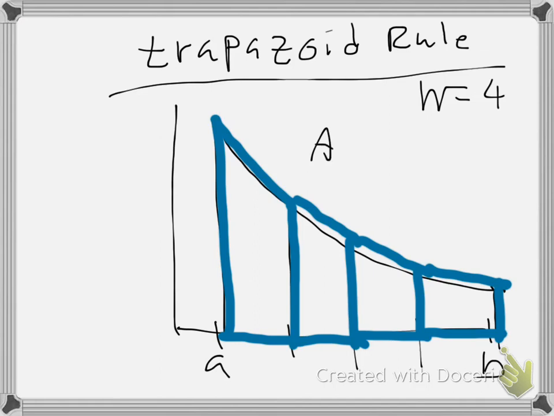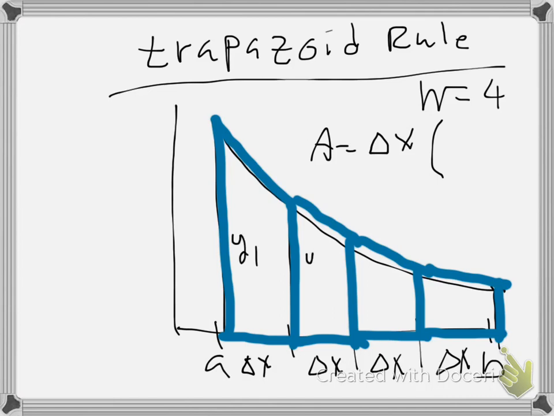Remember that the area of a trapezoid is the height, and this time it's delta x for each of these because we have equally spaced intervals, times the average of the lengths of the parallel sides of our trapezoid.